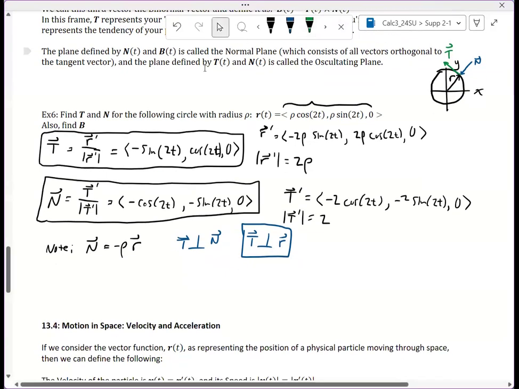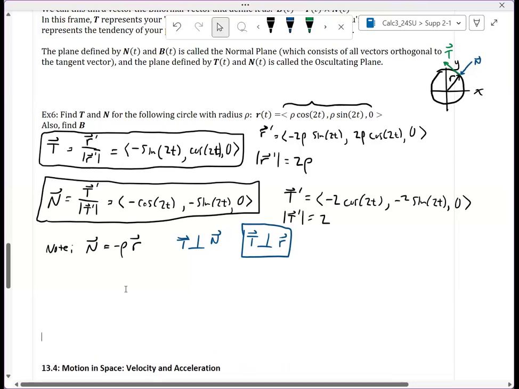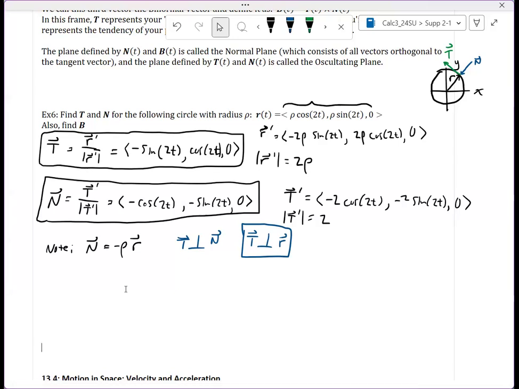Okay, and then let's find B, the binormal vector. So again, if we remember the roles of each of these, T says what direction am I moving in? That's the tangent vector. N says what is my unit normal? That kind of says how is the tangent vector changing? That's something like the second derivative, the derivative in a sense of the tangent vector. Those are orthogonal.